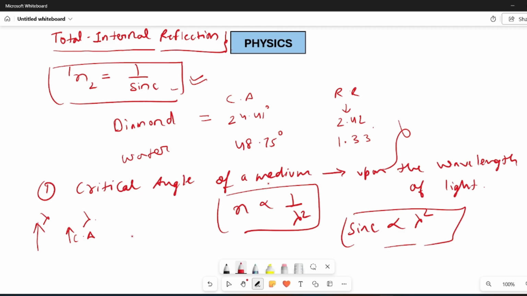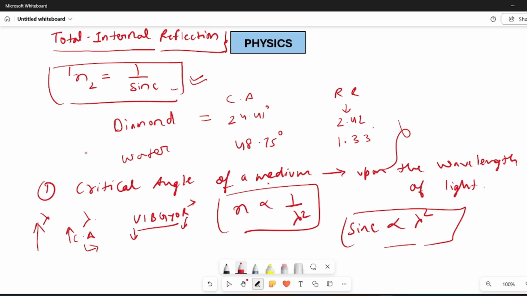If I say there are VIBGYOR colors, out of these colors you know that red has the maximum wavelength. So for red, my critical angle is also going to be greater, and it is going to be minimum for violet color. So this particular concept explains this phenomenon.